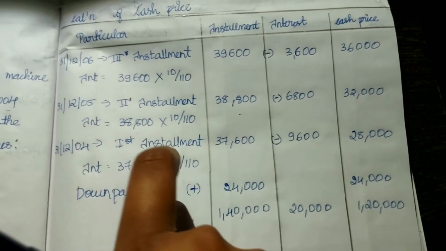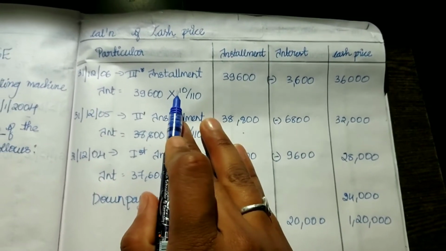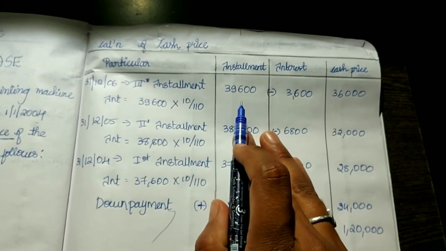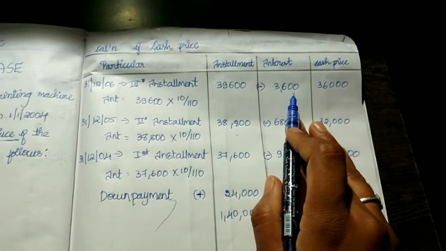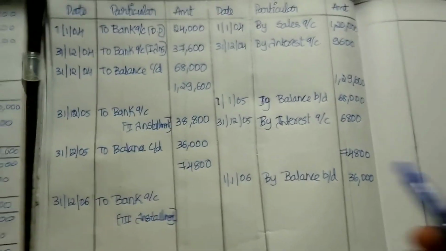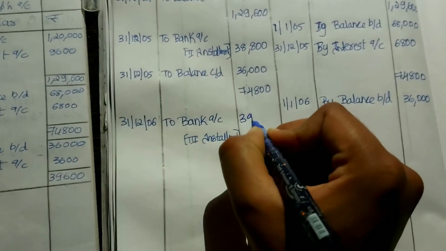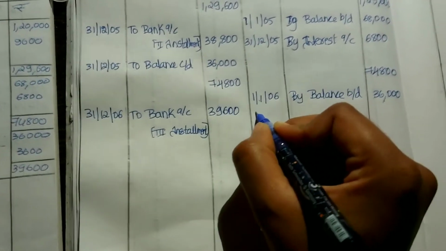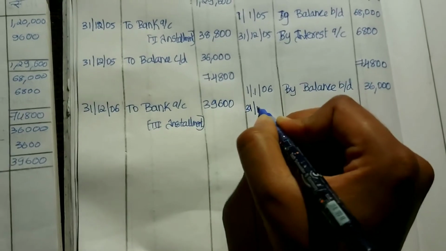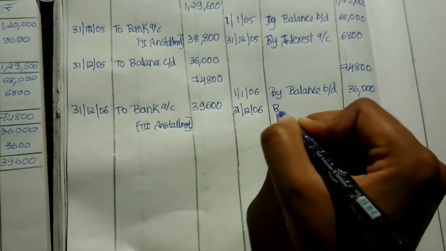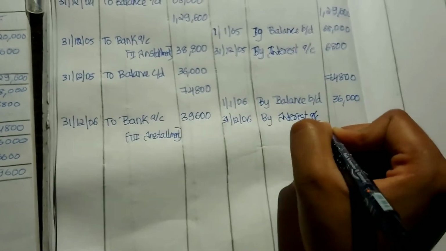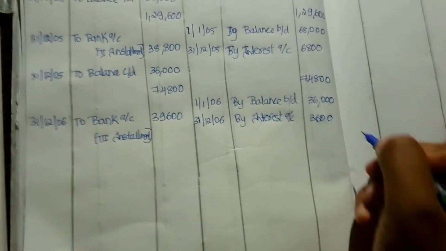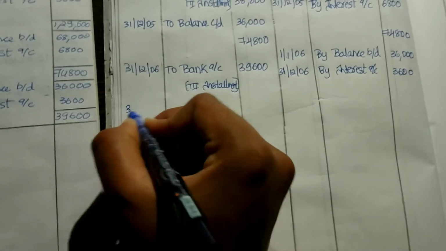You can see here that the third installment you have paid is 39,600 and the interest is 3,600. So we'll enter that, 39,600, and the interest 3,600. We'll write it 3,600. So we'll balance the account.